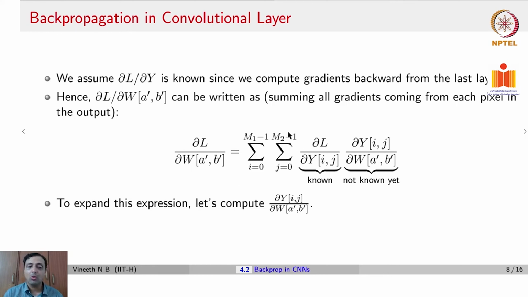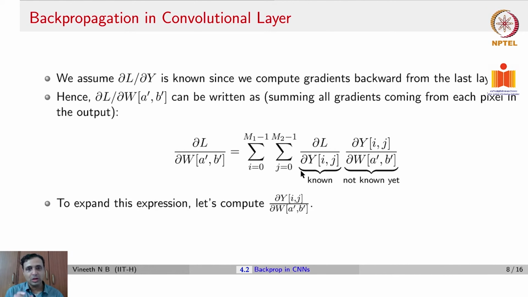So we have to sum over all of these gradients, where you have ∂L/∂Yij, which is the gradient of the loss with respect to one particular pixel in that next layer's map, times ∂Yij/∂W a'b'. Chain rule.